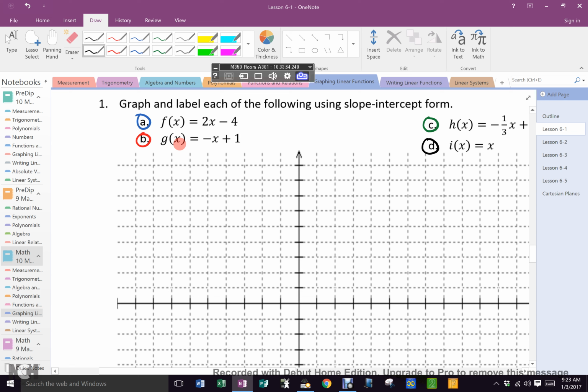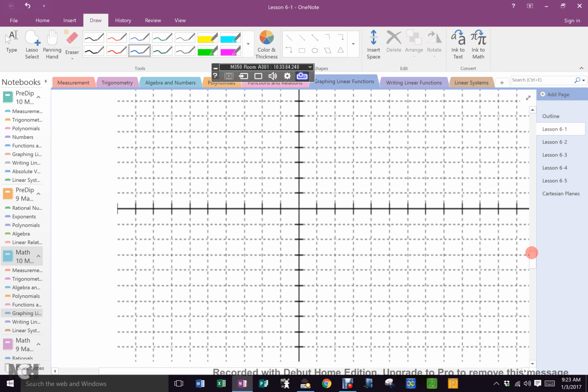Why? Is y isolated? Oh, I should do it in blue. Y equals 2x minus 4. It is, isn't it? What's the y-intercept then? -4. So I go to -4, 1, 2, 3, 4, and I put a dot.